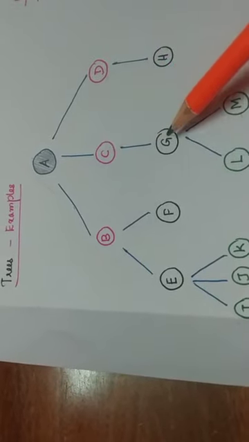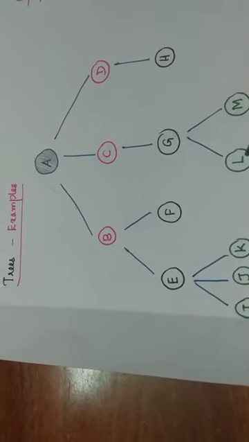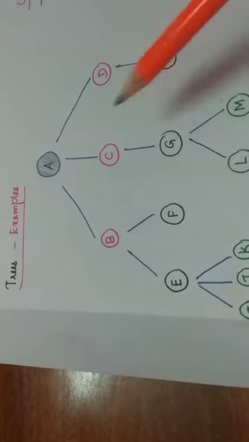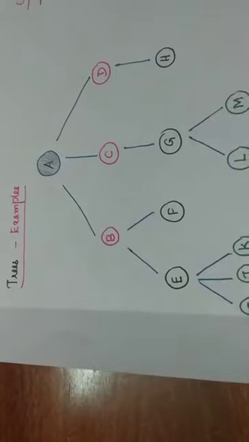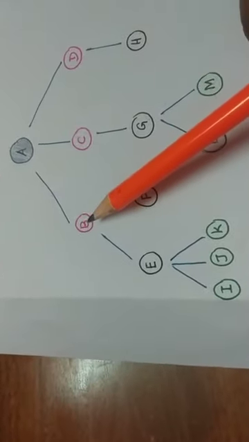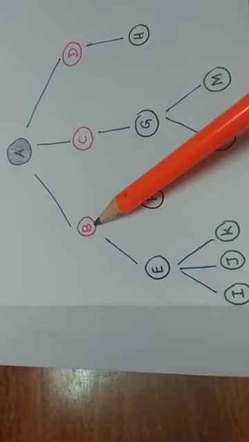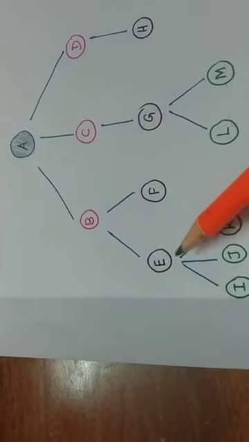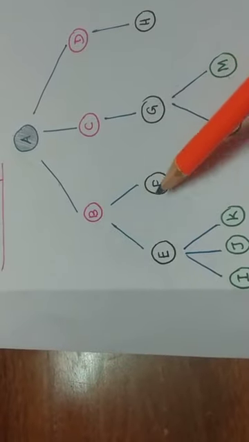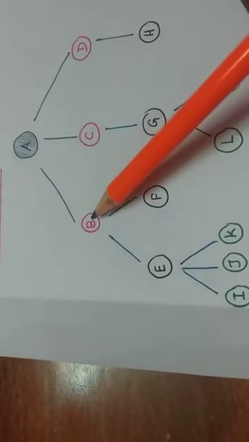We have the successor G, and G to L and G to M. So the descendants of C are G, L and M. Similarly, if we wanted to find the descendants for B, we have B to E, E to I, J, K. Similarly, we have B to F. So these are the descendants for B.